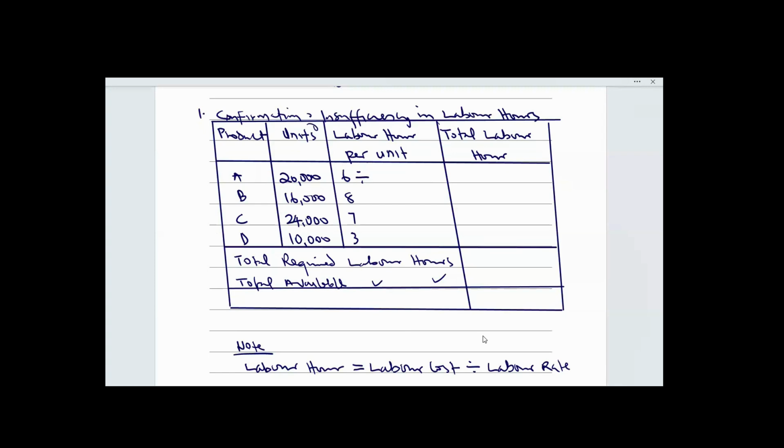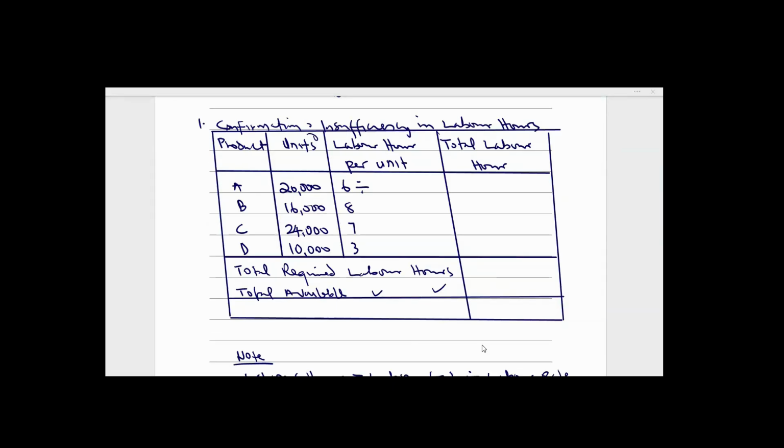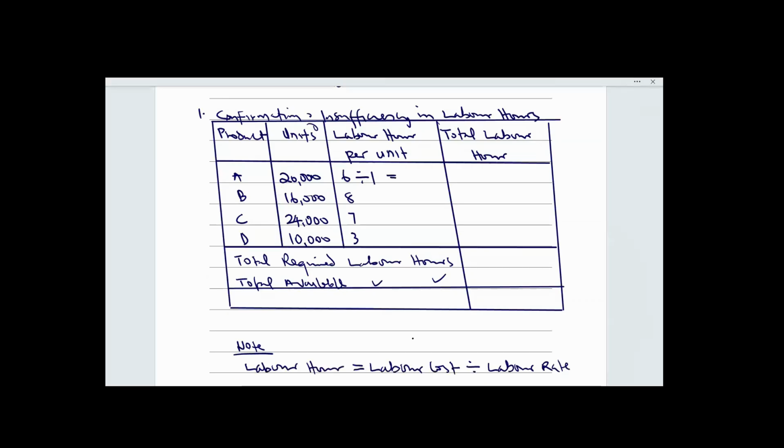What is the labor rate given to me? According to the question, labor rate per hour is 1 naira, 2 naira, 1 naira 50 kobo, and then 0.5 for products A, B, C, and D respectively. So this one is divided by 1, this one is divided by 2, this is divided by 1.5, and this is divided by 0.5.